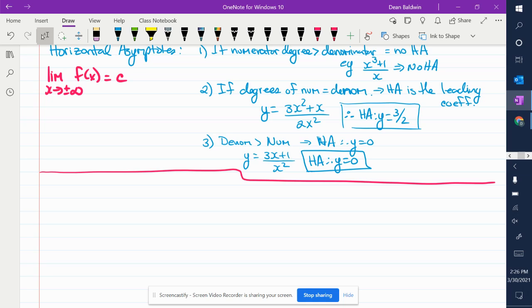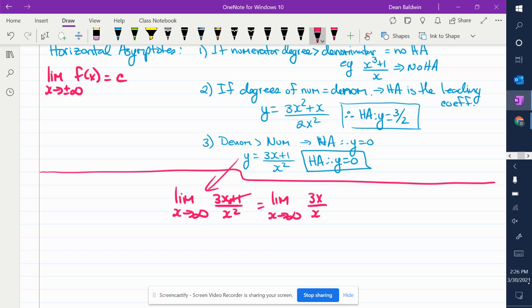So when you're dealing with these things, if I say the limit as x goes to infinity of 3x plus 1 over x squared, I don't care about constants when you're adding or subtracting them. So you essentially just ignore the constant, and it's going to be the same answer as this.